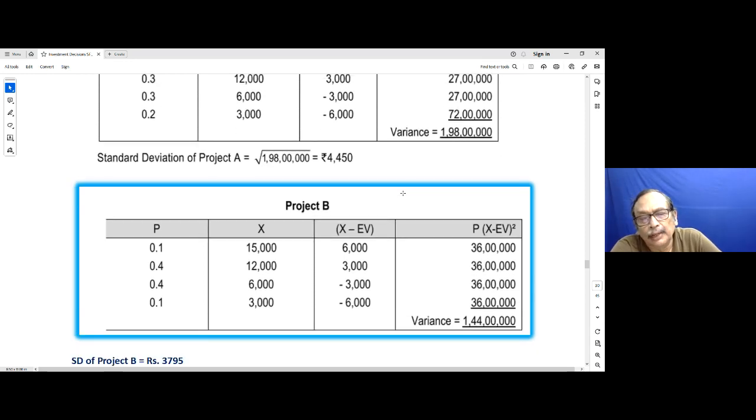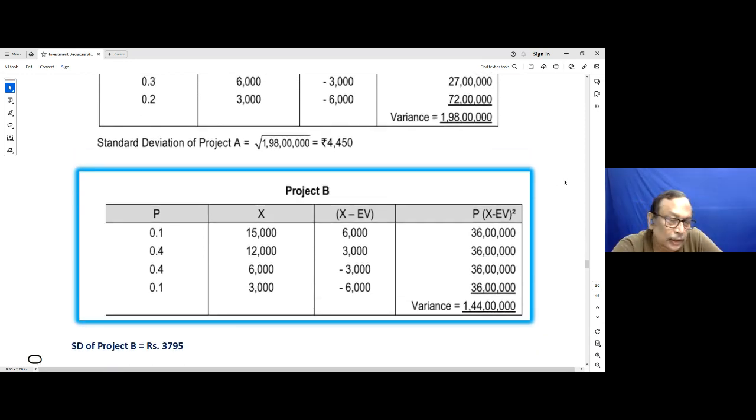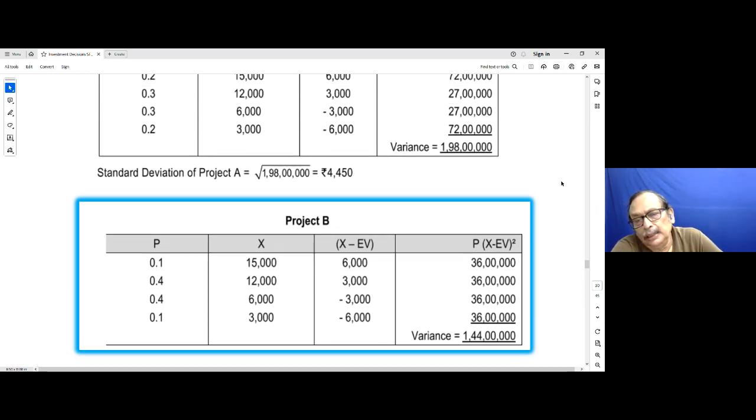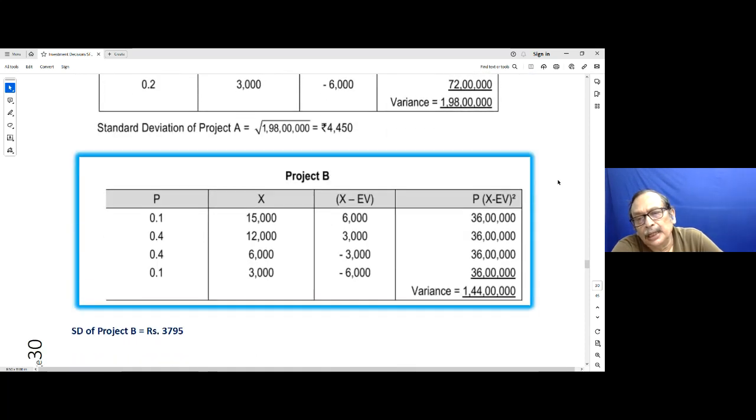Similarly, we calculate the variance for project B, jotting down the probability, then NPV estimates, then x minus expected value, then x minus expected value whole square multiplied by probability.